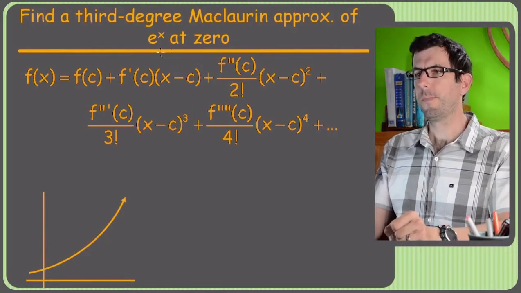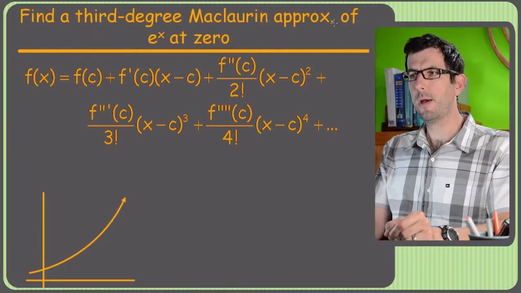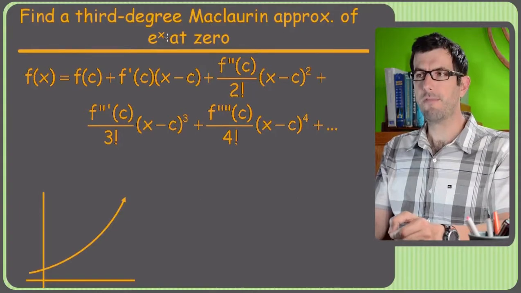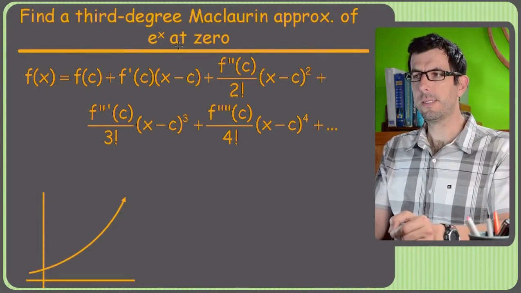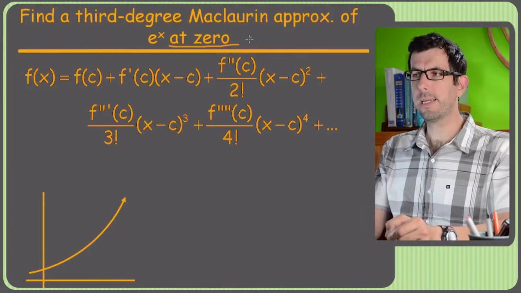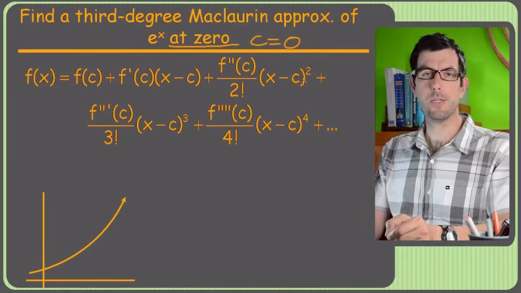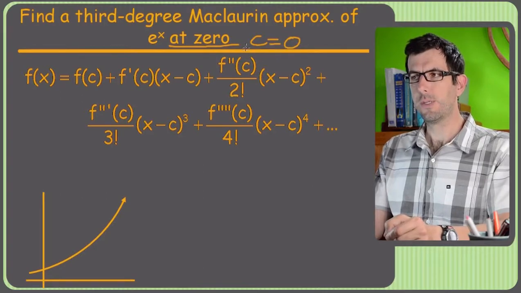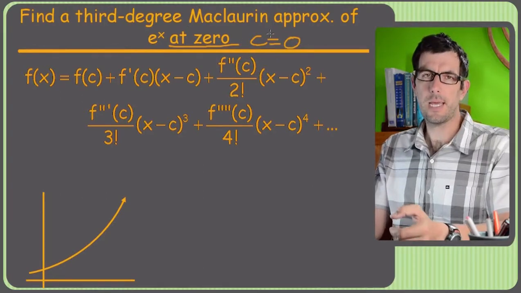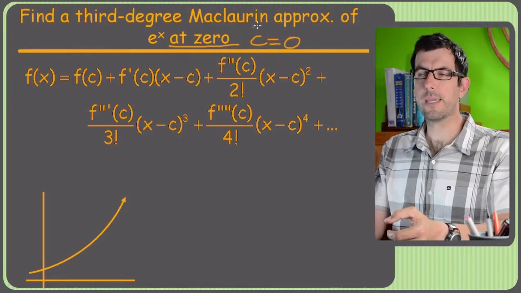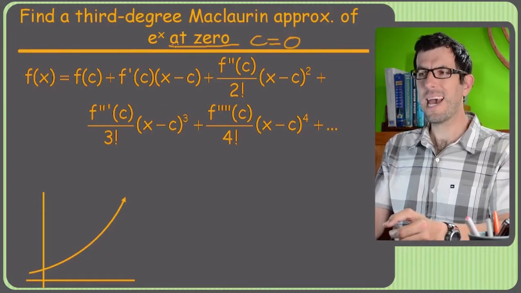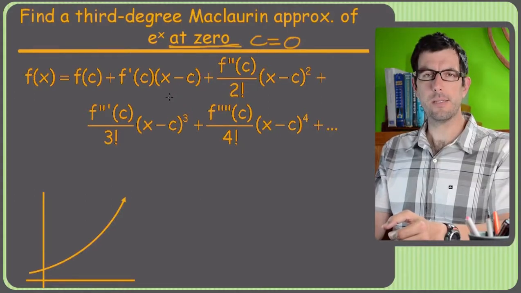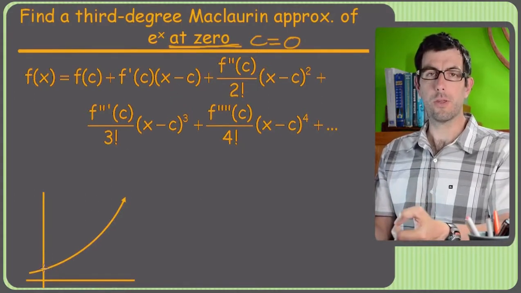All right, so let's do it. Let's try doing one. We're going to find a third degree Maclaurin approximation of e to the x. So Maclaurin, at 0, all that means is we're going to plug in c equals 0 into the equation for Taylor series. Maclaurin is the special case of when we're taking it around 0. When we say at 0, what we're saying is the point we know on the curve.